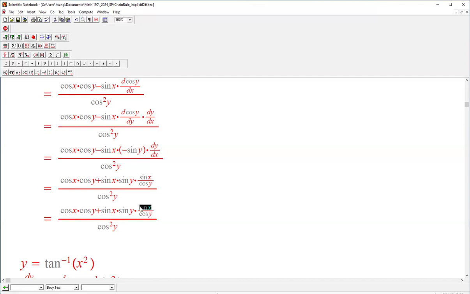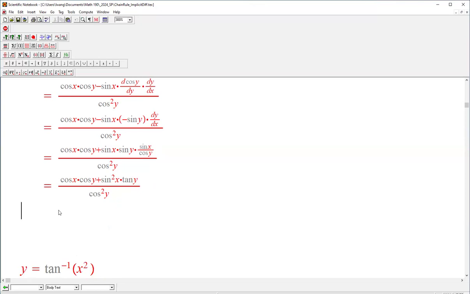And sine x will combine with this other sine x. That's going to be sine squared x. And sine y over cosine y, that's tangent y. And we're done. We're finished. Surprise, surprise.